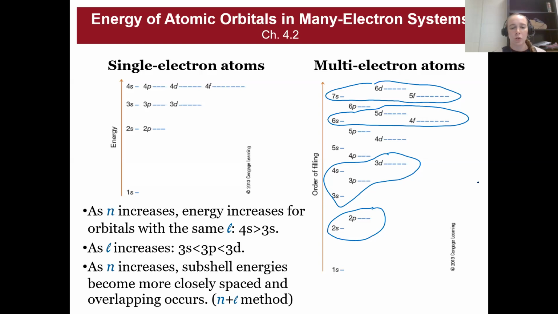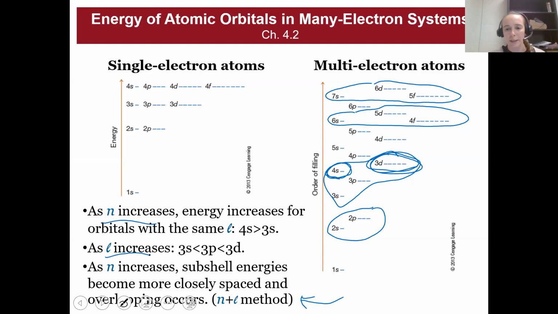So to determine which ones are higher in energy, there's this method called the n plus L method that they will suggest for your homework, where we add those together. For example, let's look at the 4s and 3d scenario, where 4s is our first anomaly in the filling or the energy levels based on our n and L values.